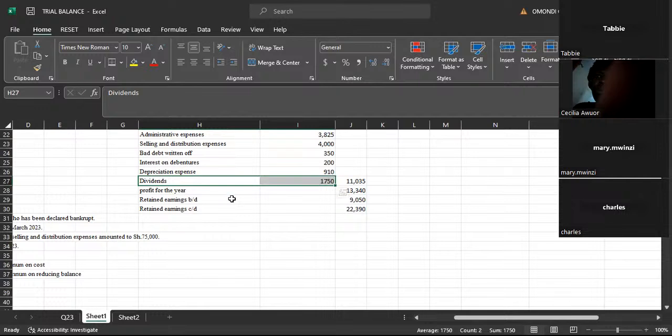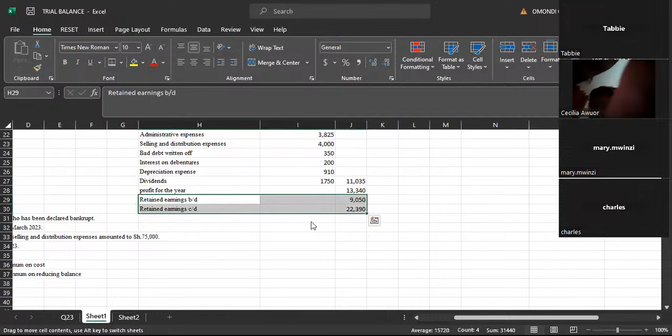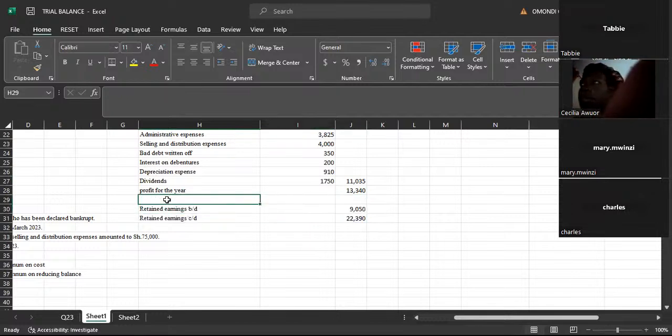If you're not going to prepare the statement of changes in equity to give us the net values, whatever is being transferred to general reserves reduces our retained earnings. So we can have our dividends there, but transfer to general reserve is not an expense. So we can just have it here after the profit for the year.